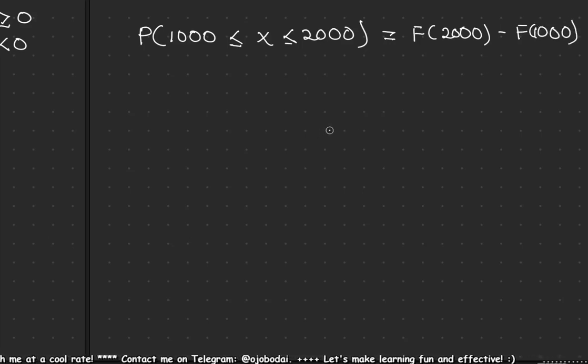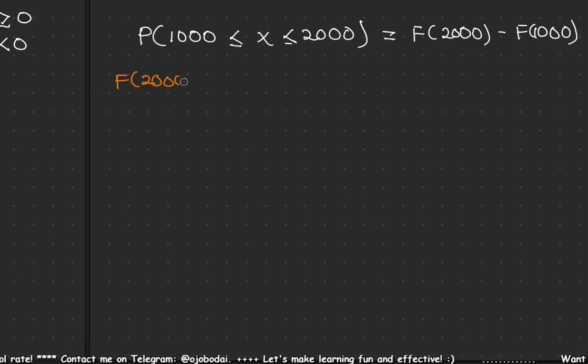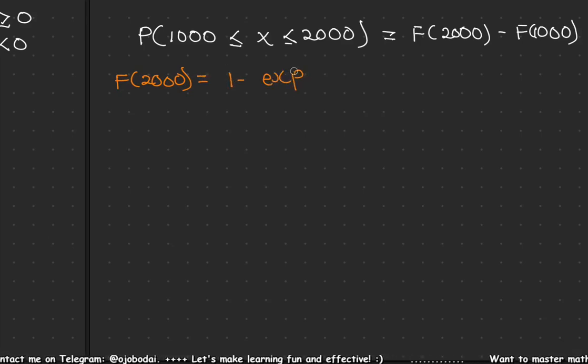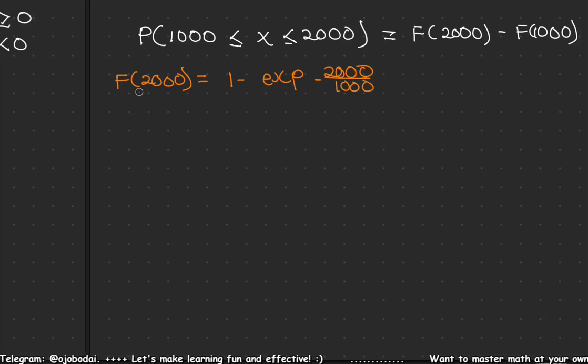Easy. So now solving for the cumulative of 2,000, we know f of 2,000 is then going to give us 1 minus the exponential of negative 2,000 over 1,000, right? And cancelling out whatever you have, you are going to get 1 minus the exponential of negative 2.